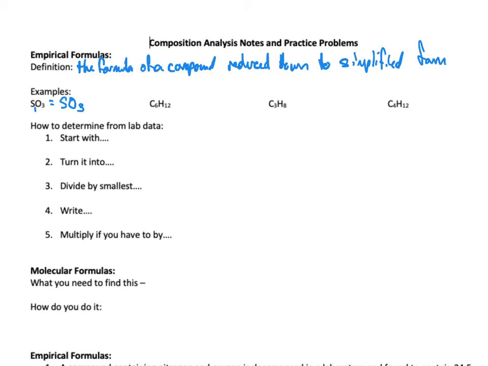But on the next one, I look at C6H12. Well, I can divide both of those by the number 6. If I divide both of those subscripts by 6, it reduces down to CH2. So that's the empirical formula there. For the next one, C3H8, that's an odd number and an even number, and there is no way that those can reduce down anymore.